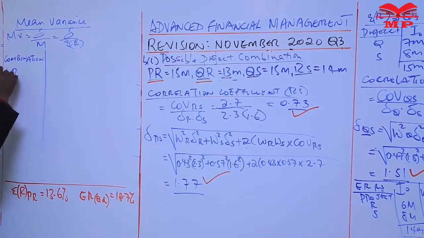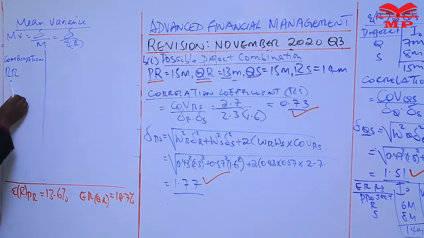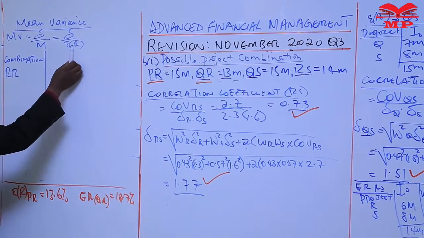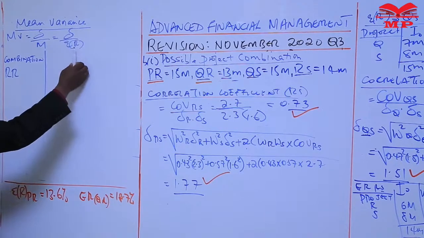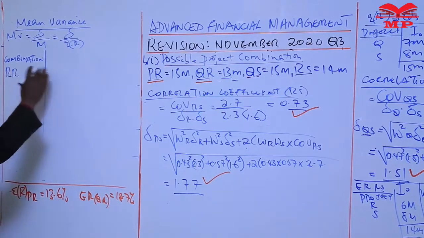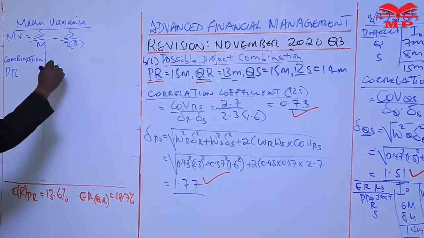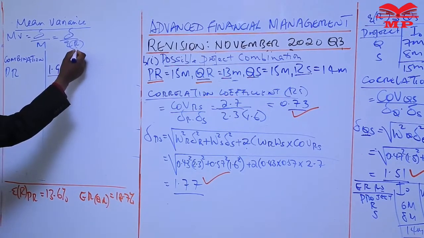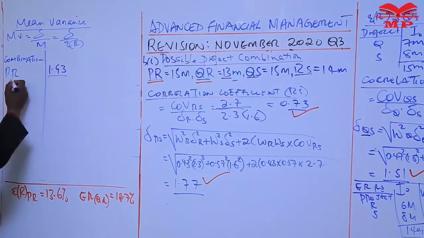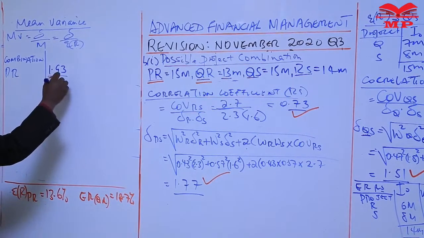We are going to calculate the mean variance for PR, which is the standard deviation divided by the mean. The standard deviation for PR we calculated as 1.93. We divide by the expected return for combination PR, which is 13.6.